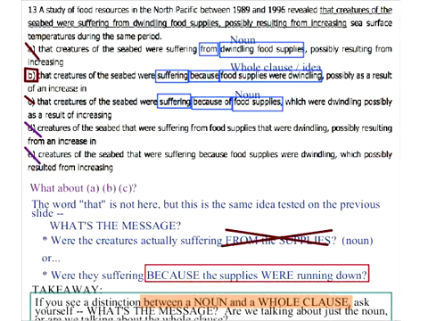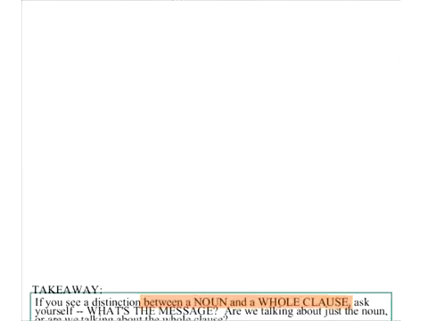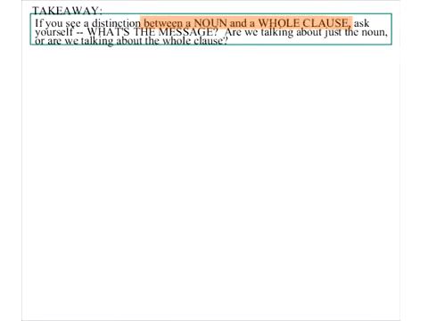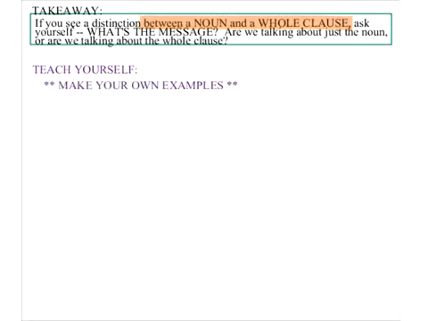Also, let me give you a little hint on how you can better learn about this stuff. Let's take this over to the next page. One of the best ways to teach yourself to use these things better is to make your own examples.